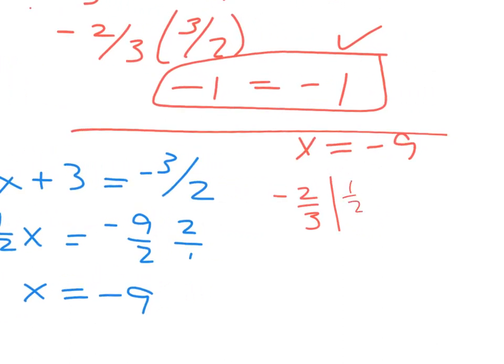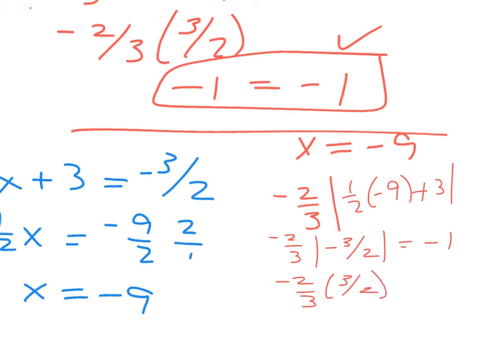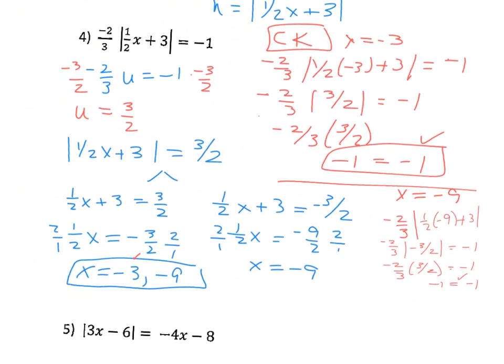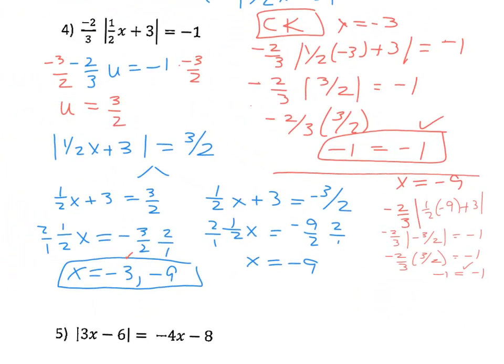So 1/2 times x would be -9/2, which is -4.5, plus 3 would be -1.5. So we get -2/3 times the absolute value of -3/2, which is 3/2, equals -1, and you do get -1 equals -1. So we know that both of our answers worked. So we know that our answer is correct there.